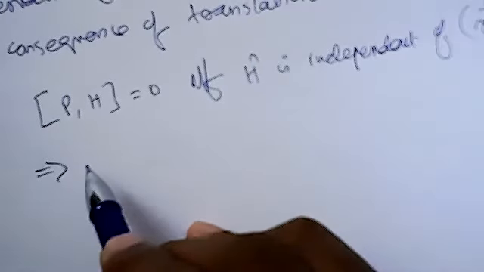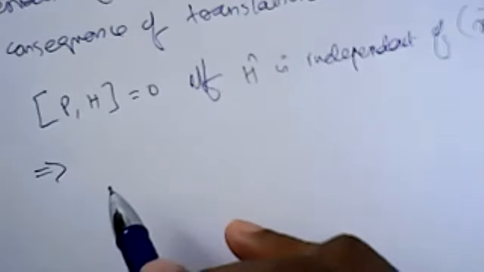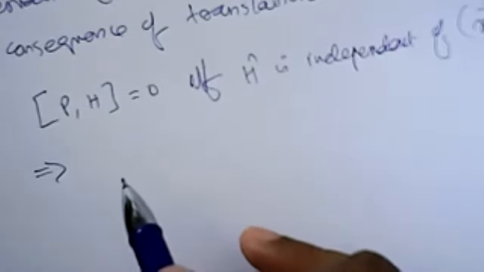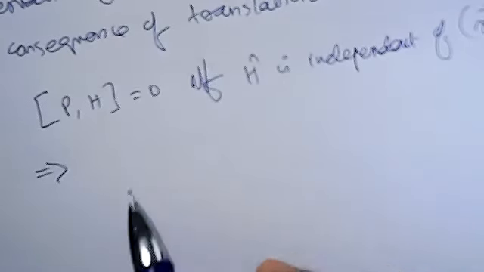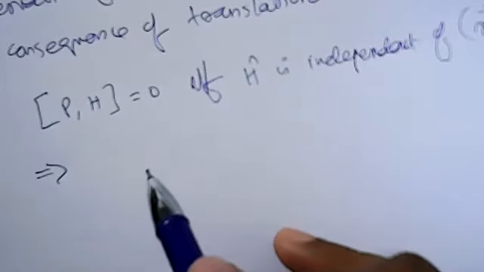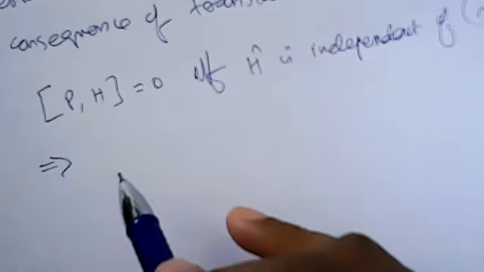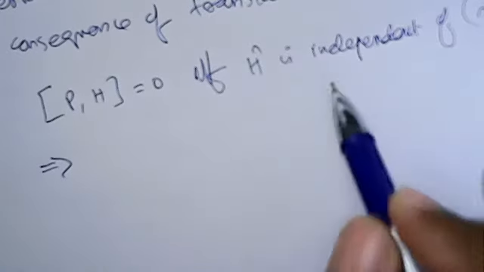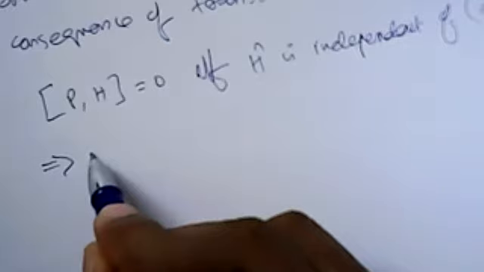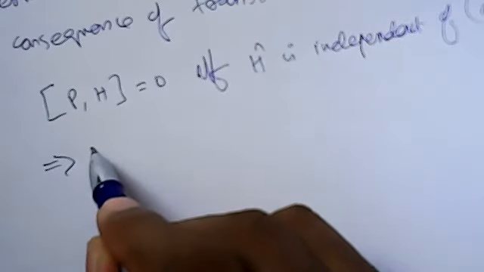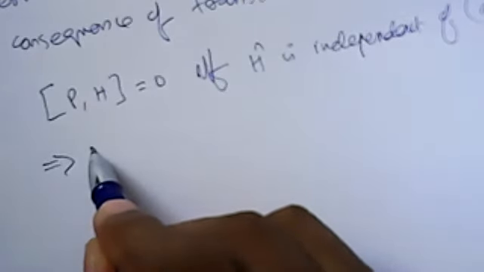So the potential energy term V of R should be absent. [P, H] equal to 0 will be true only if H is independent of R, which means there is no potential term V of R. Is that clear?